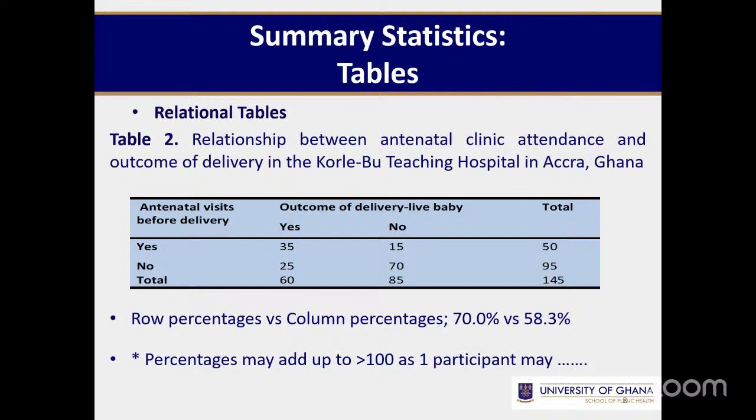Okay, I want someone from the audience to tell me, those who attended ANC and had live delivery, they are 35. If you divide 35 by 70, what do we get?